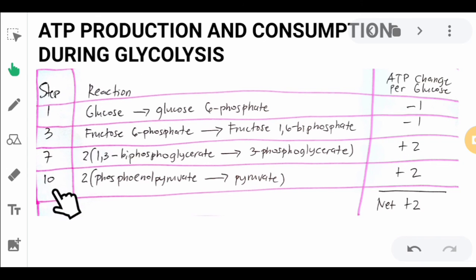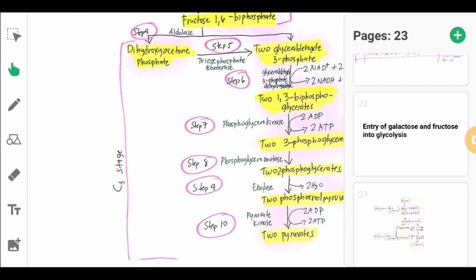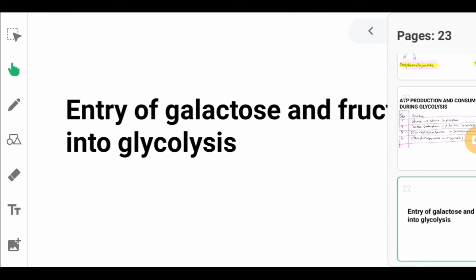Then in step 10, we converted 2 pieces of phosphoenolpyruvate into 2 pieces of pyruvate. We produced energy from that; we converted the ADP into ATP. Same with step 7, so that is +2 because we produced energy. If you compute that, the total ATP produced from 1 piece of glucose is 2 ATP.